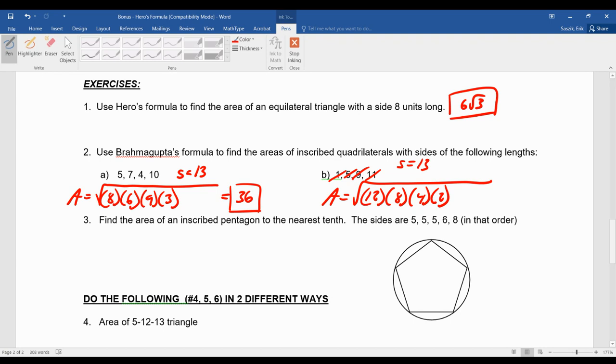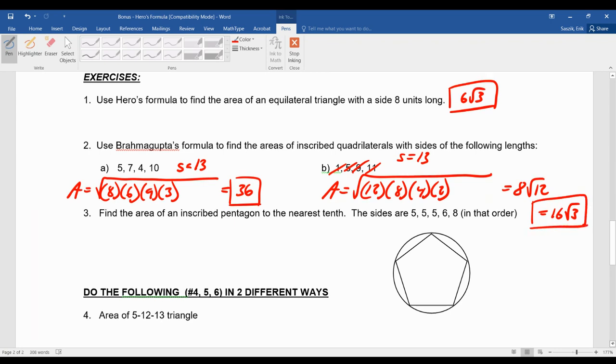But what you can do is simplify this fairly easily. 4 is a perfect square. So that comes out as a 2. 8 times 2 is 16. That's a perfect square. So that comes out as 4. Turns that 2 into 8. So you have 8 root 12. And then you simplify the 12. And that ends up being 16 root 3. So that's a handy way of doing that simplification with a very big number.